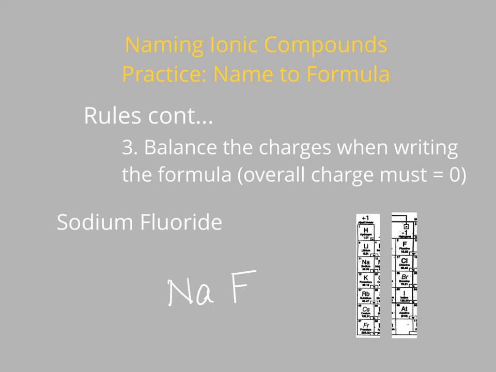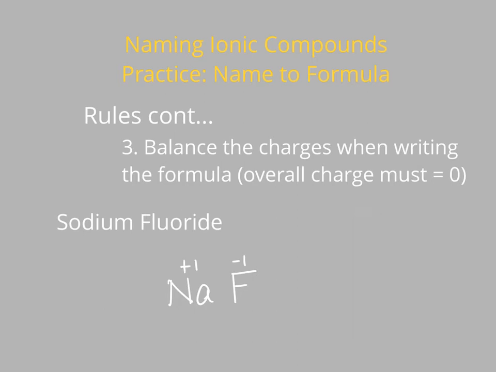So for sodium, it's going to take on a +1 charge, which makes sense because it's first and it's a metal, so it makes sense that it is a positively charged cation. And fluorine is going to take on a -1 charge. Also makes sense. It's second, so it is the nonmetal and the anion.